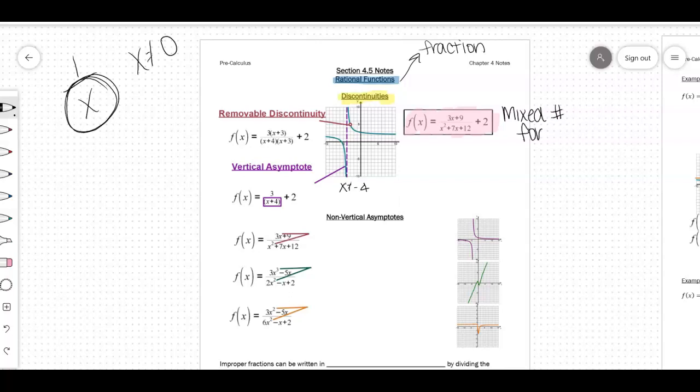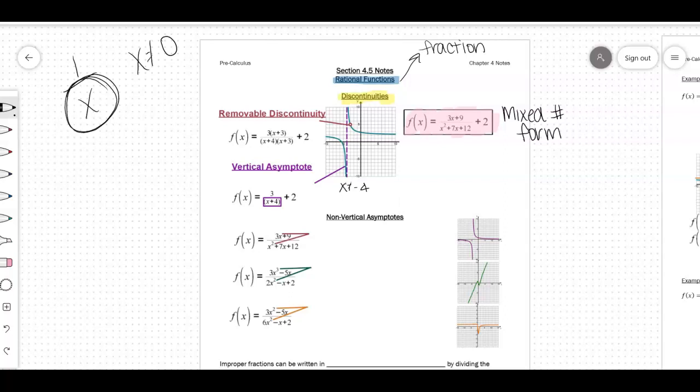That should sound familiar from previous sections, as this is the form you would get after you do long division or synthetic division. This form helps us see a lot of things about the graph that we'll talk about later. But ultimately, looking at the fraction part of this function, notice I factored the numerator and denominator over here, and that helps us see in the denominator what x cannot equal.